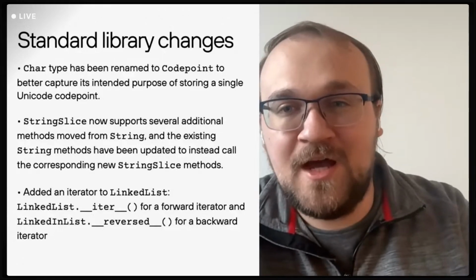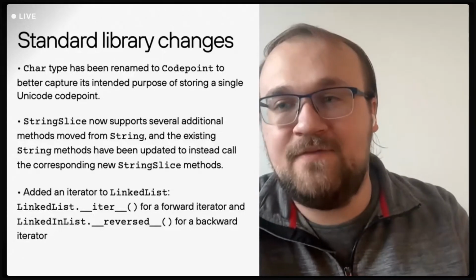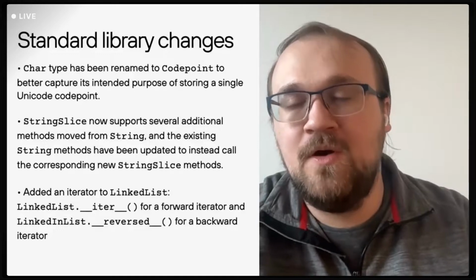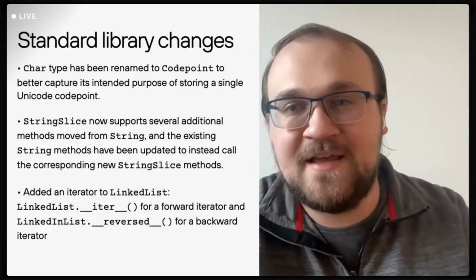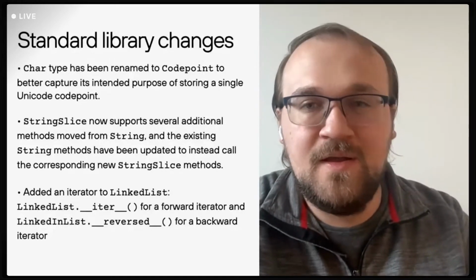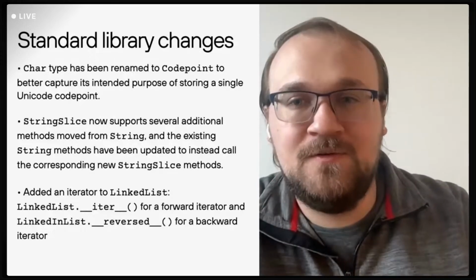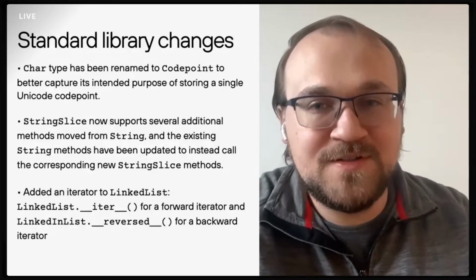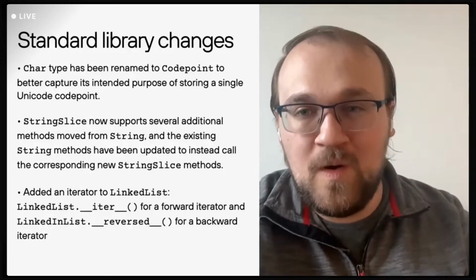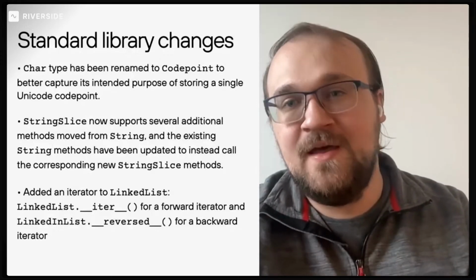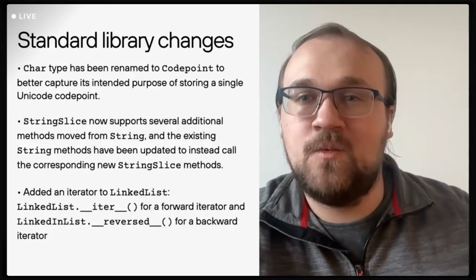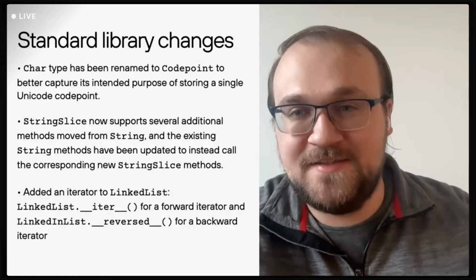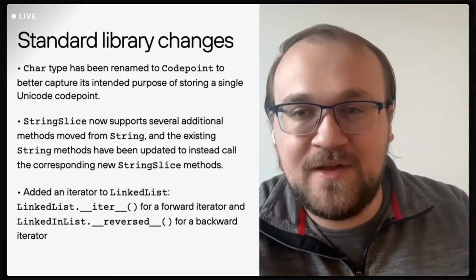That's not necessarily optimal because they may have a string that's not necessarily on the heap or is borrowed, maybe it's static data, something like that. So making string slice more powerful allows us to migrate more methods, both within the standard library and within the broader communities' Mojo code bases, away from requiring string and towards requiring this lighter weight, more flexible string slice type. So this is just another quality of life improvement.